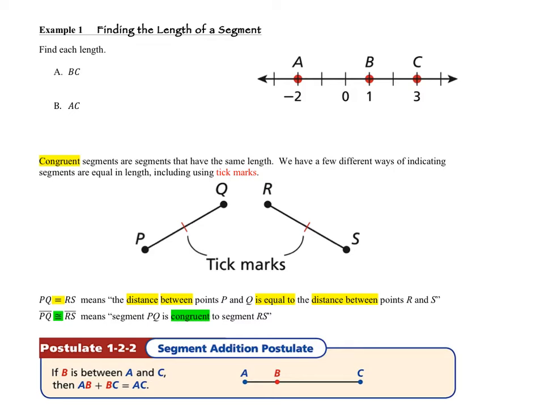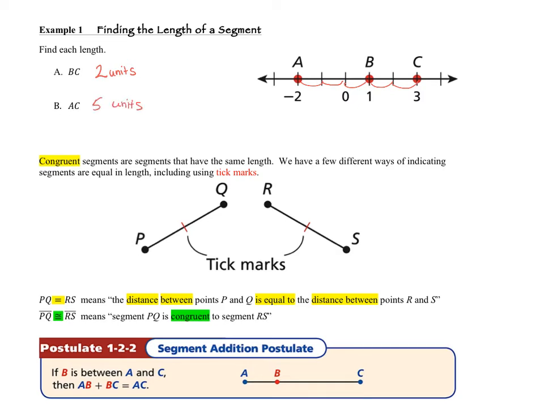So find each length. The length of BC. Well, BC has a length of 2 units. So I can just calculate 3 minus 1 to find the difference of those two. Now for AC, that would be, if you count, 1, 2, 3, 4, 5 units.